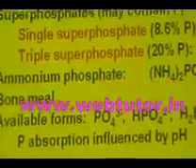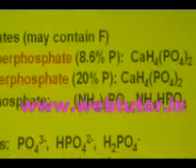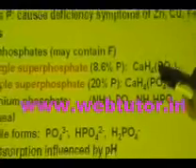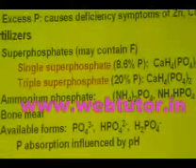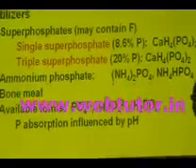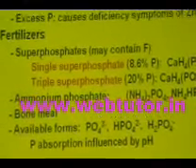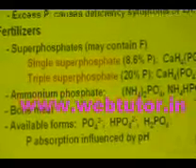Now, when phosphate is deficient, the fertilizers which are used are super phosphates like calcium phosphate, then triple phosphates, and also sometimes something known as bone meal.